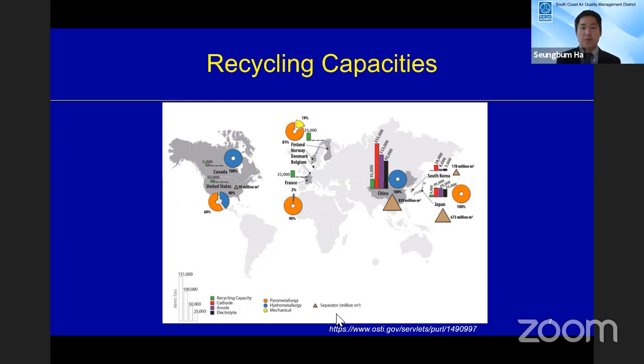Because as I mentioned before, manufacturing the raw material and battery cell is much more competitive in European and Asian countries because the manufacturing cost is much cheaper there than in the US.